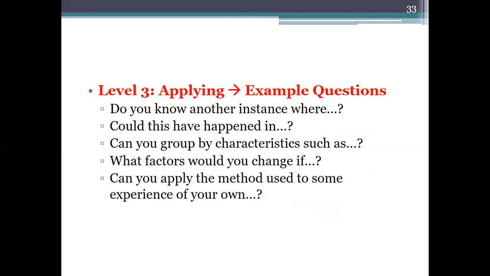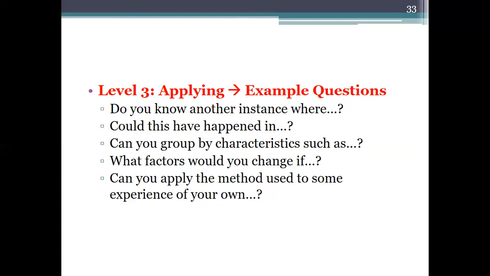So if someone is an expert and master at two levels, then they can answer a specific question, a specific problem, like example questions for applying maybe. Do you know another instance where this could have happened? Can you group by characteristics, such as what factors would you change if?